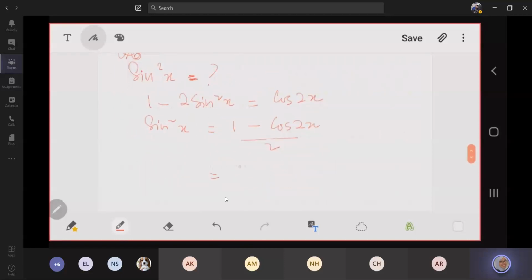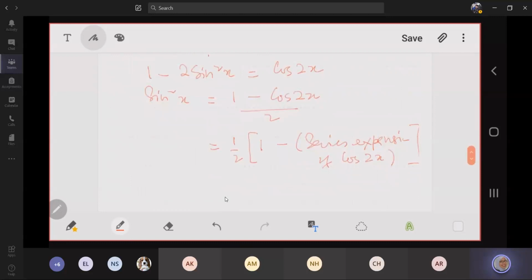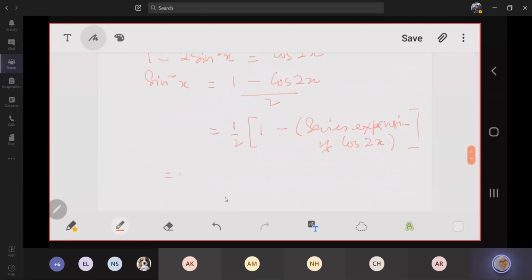So in this case you get 1 on 2, 1 minus the series expansion of cos 2x. Like that only. So you get half minus the series expansion of cos 2x.